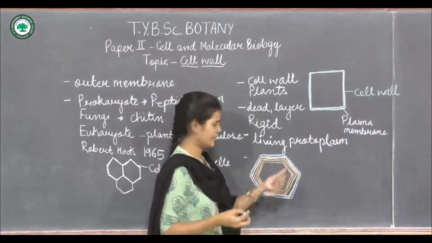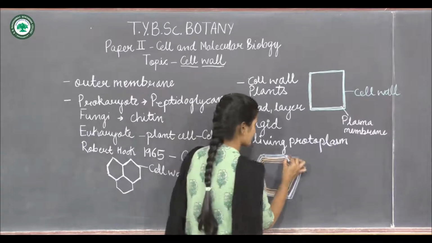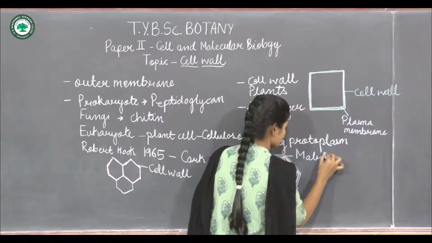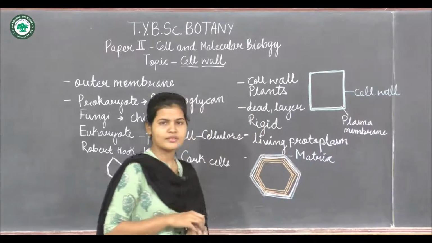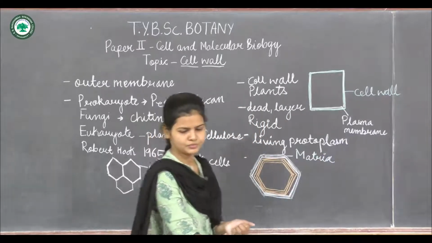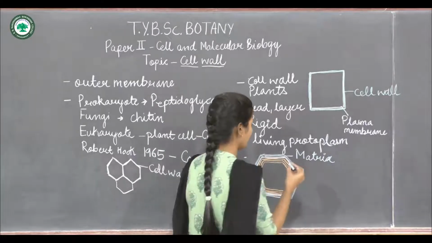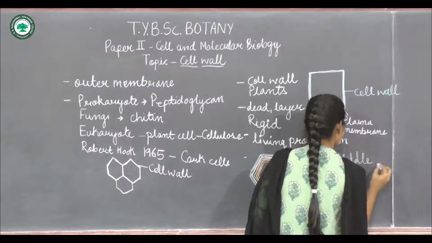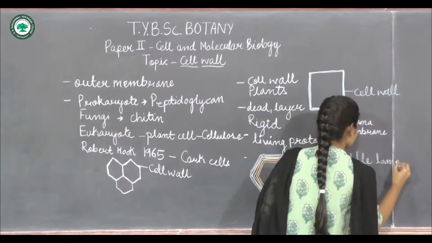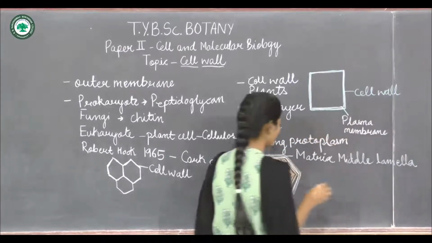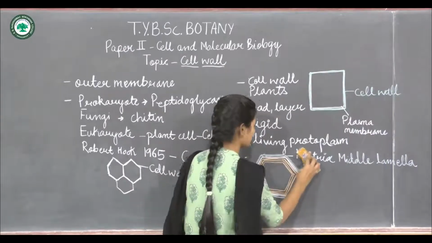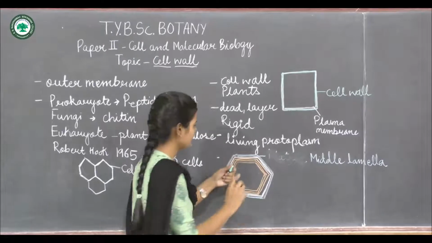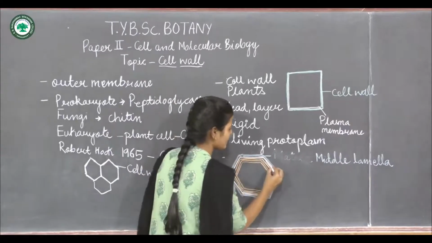This outermost layer is the matrix, and it is called the middle lamella. It is present next to the primary cell wall.